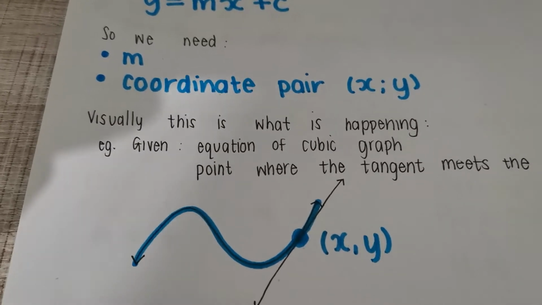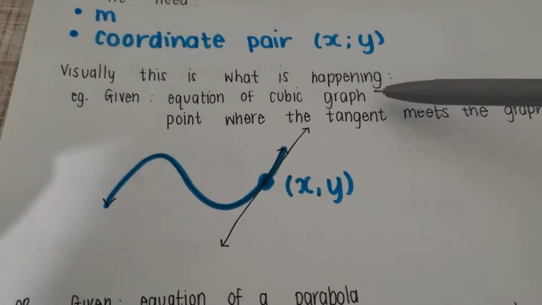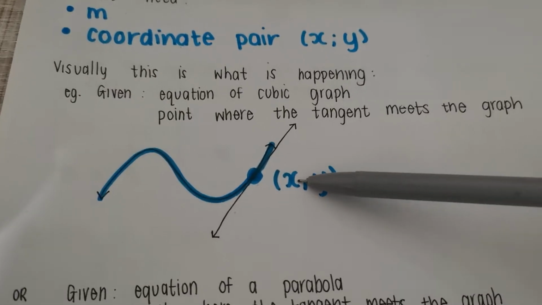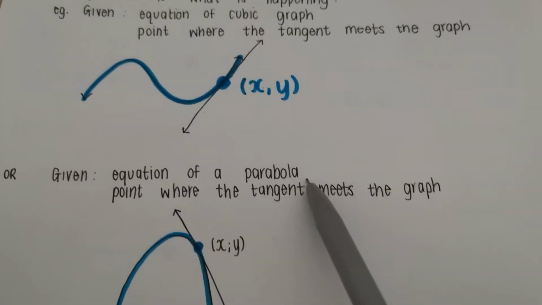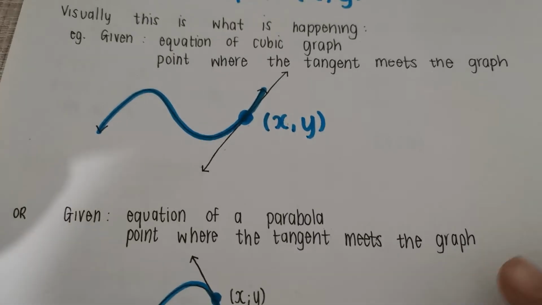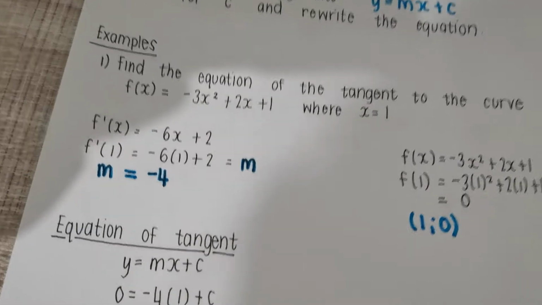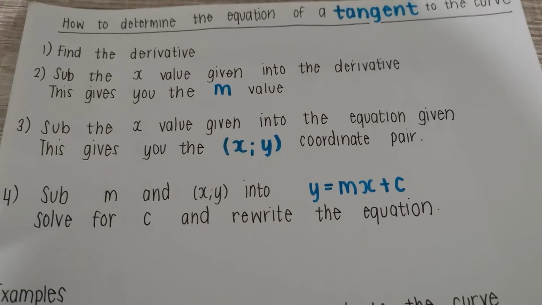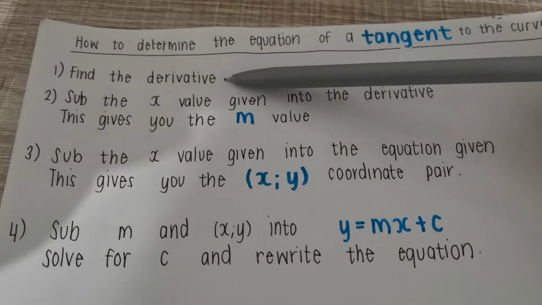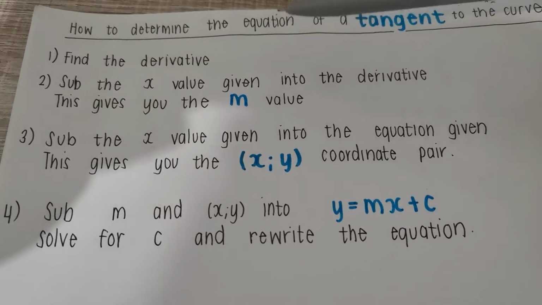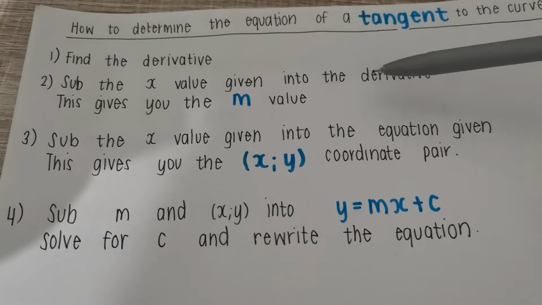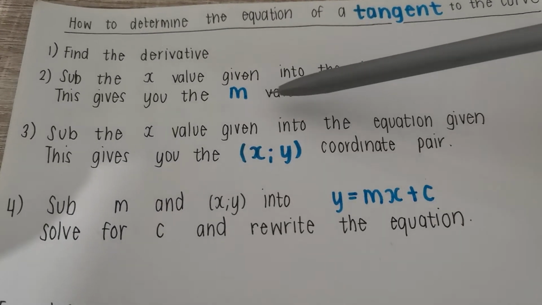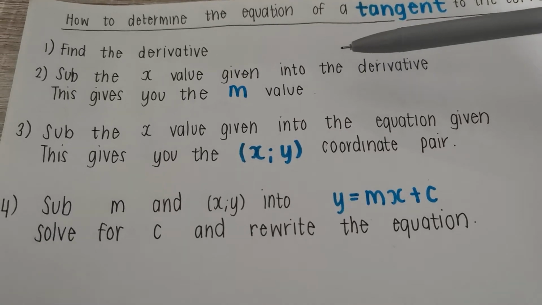What are we given? We're generally given the equation of the cubic graph and the point where it meets, or they can give it to you as an equation of the parabola and the point where it meets the graph. So here are the steps that we need to follow. Again, I'm going to scan this and put it on the group. You need to find the derivative. You're going to sub that x value into the derivative, and it's going to give you the m value, or the gradient at that particular point.